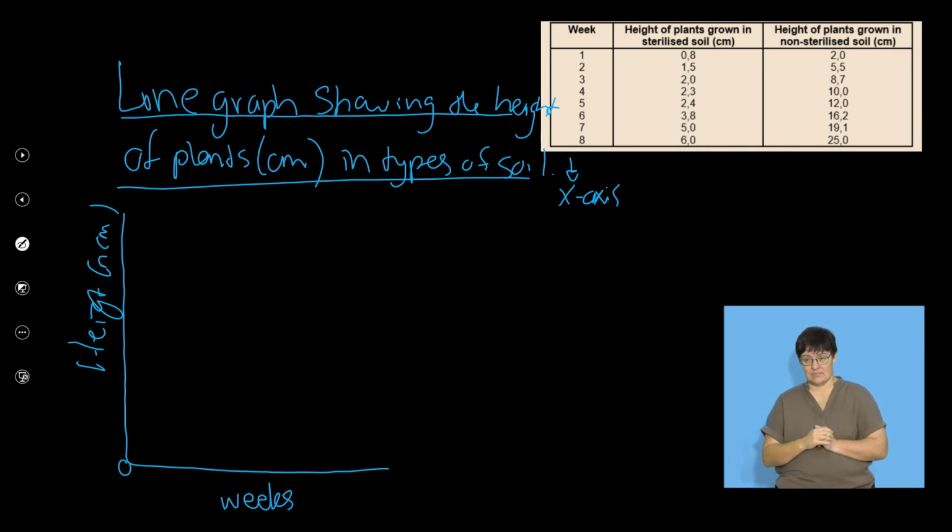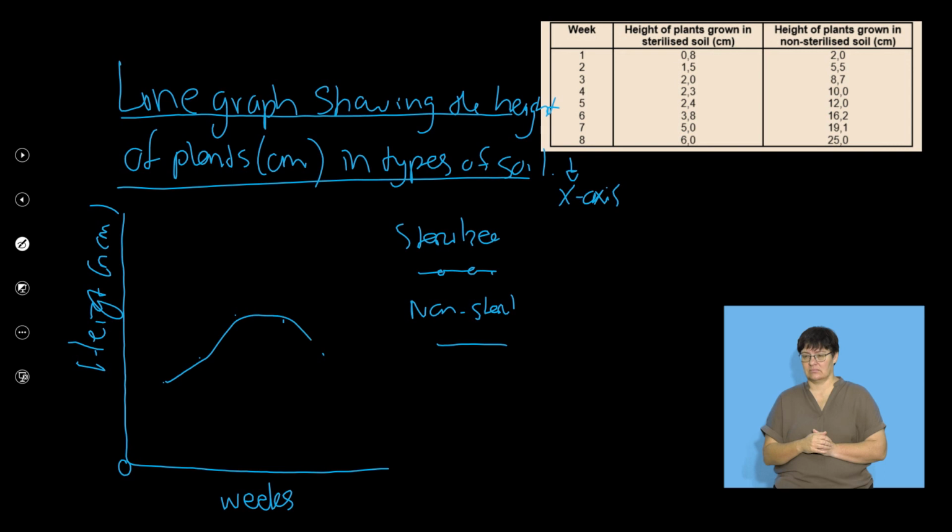You're going to decide: sterilized, you're going to do dot, dash, and non-sterilized, you're going to draw a straight line. I'm just going to do it randomly. You're going to plot your points, join your dots, and have a key. So weeks, there's 1, height. Make sure that your numbers follow each other, and there you're going to put 2 line graphs on the 1 graph.